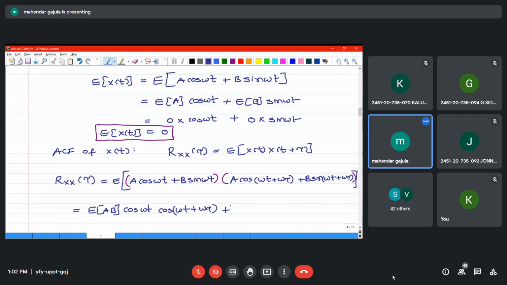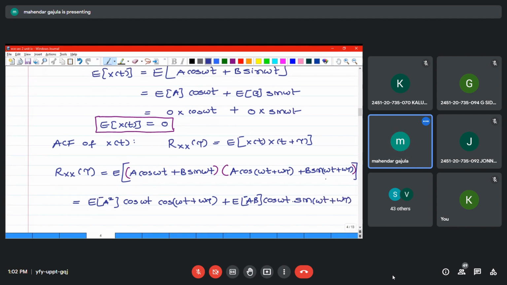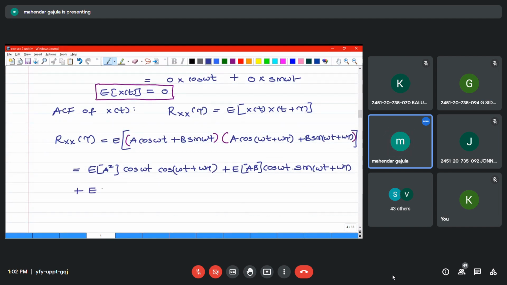The first and the second cross term is expectation of AB cos omega t sin omega t plus omega tau, plus expectation of AB sin omega t cos omega t plus omega tau, and the last one, b times b is b square sin omega t sin omega t plus omega tau.